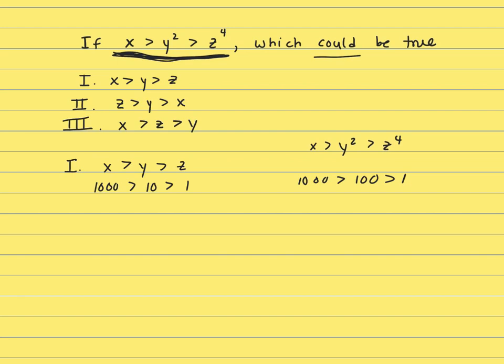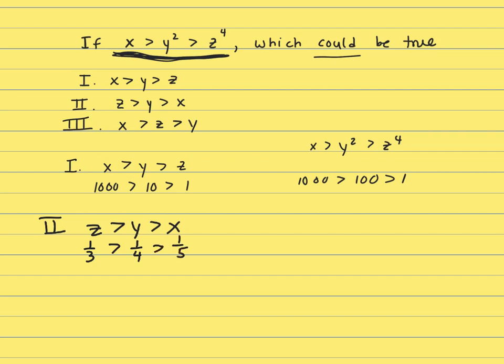All right. Roman numeral 2 says z is greater than y is greater than x. All right, I'm going to let z be 1/3. And 1/3 is greater than 1/4 is greater than 1/5.